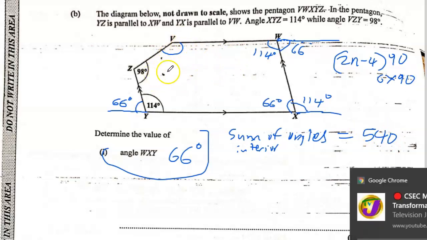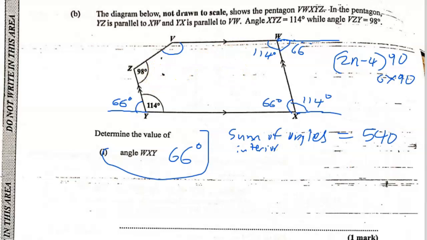Let's add up all the angles. So we have 98, 114, 66, another 114, and the angle we want to find here, angle V, we don't know what it is, that's what we're trying to find, equal to 540.